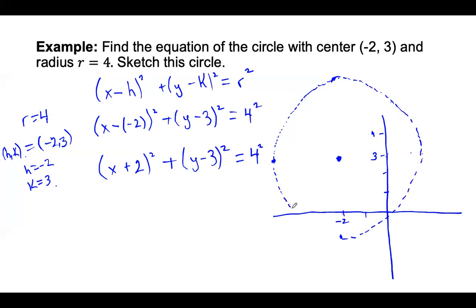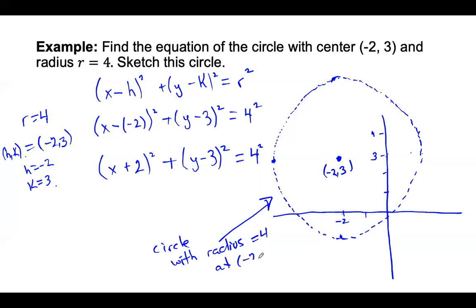And just try to draw the best circle you can draw. That's okay, I think. So this point, of course, is -2, 3. And this is our circle here, with this radius equal to 4 at the point -2 and 3. Perfect.